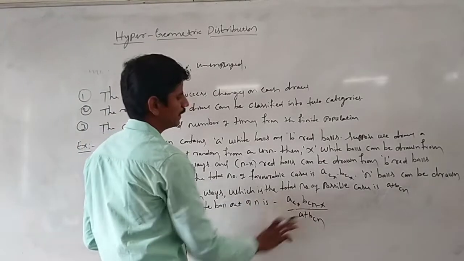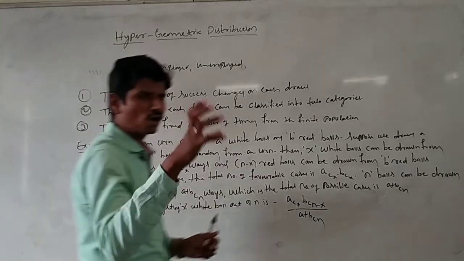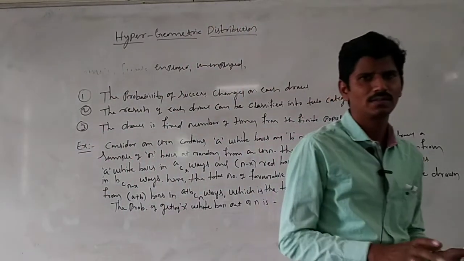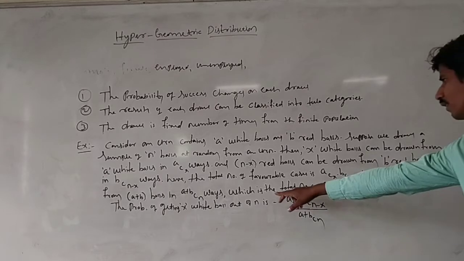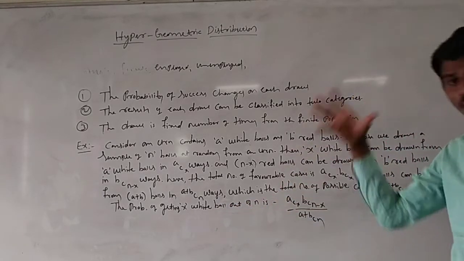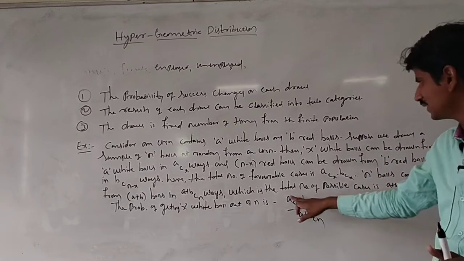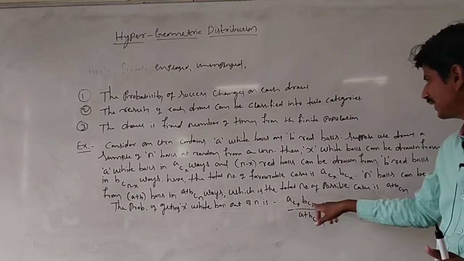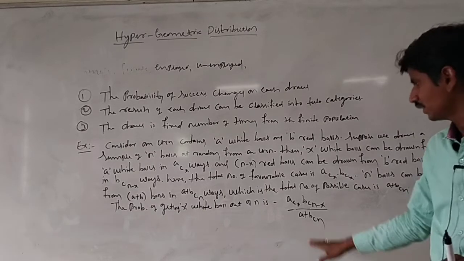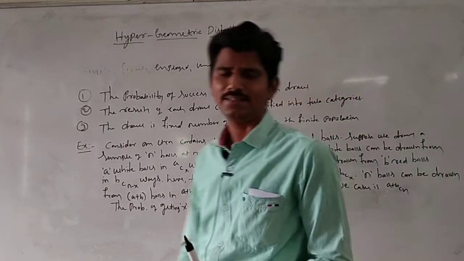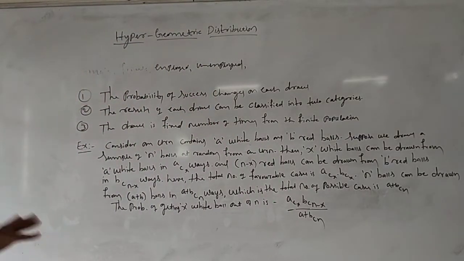Here the probability of getting X white balls out of n is ACX into BC n minus x divided by A plus B Cn. It is the main concept of hypergeometric distribution.